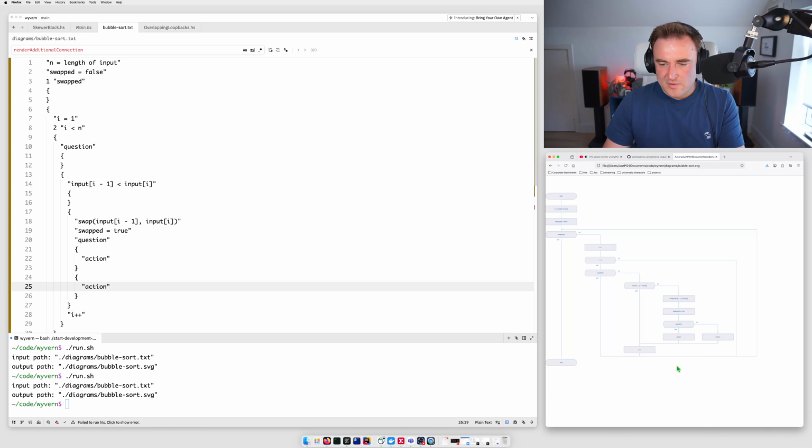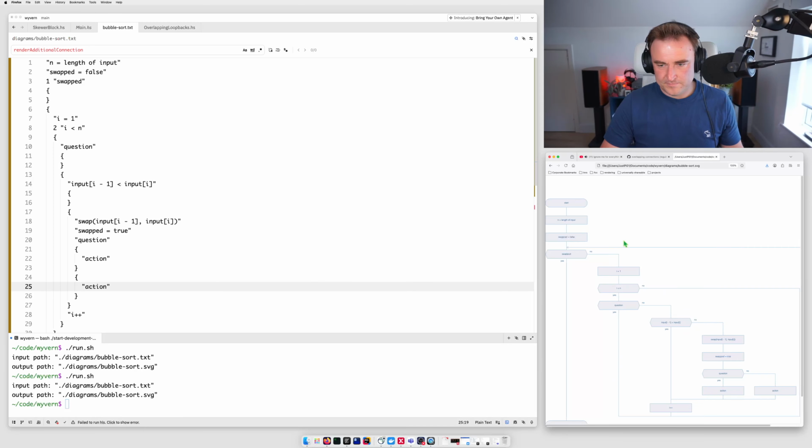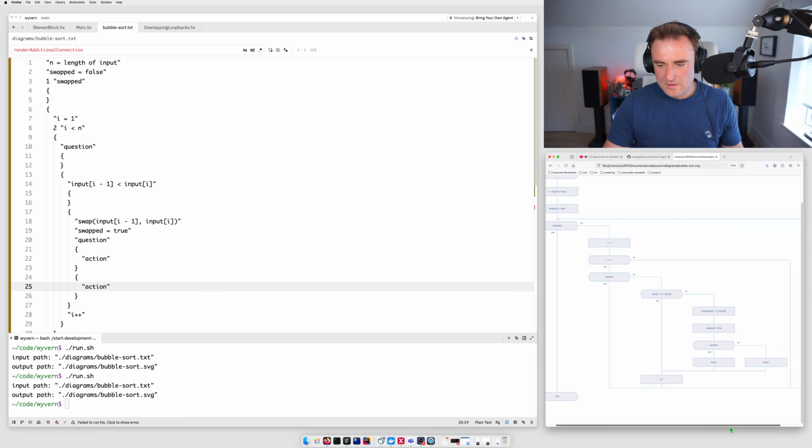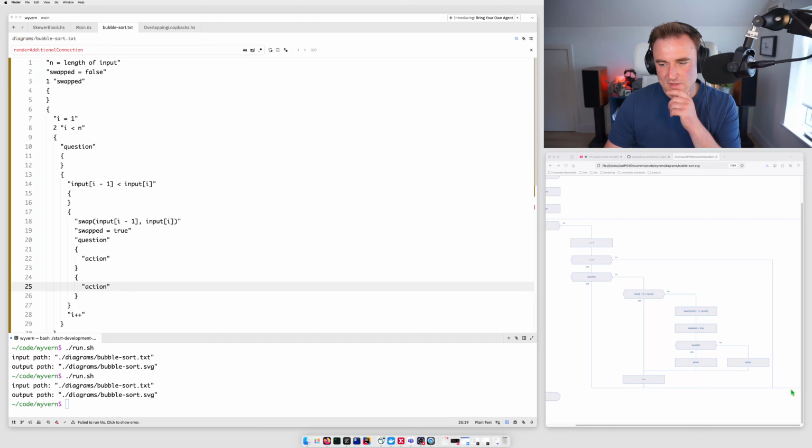But now we're left with this issue where the loopback naturally cannot start at the same spot as the point where regular connections end or go to.